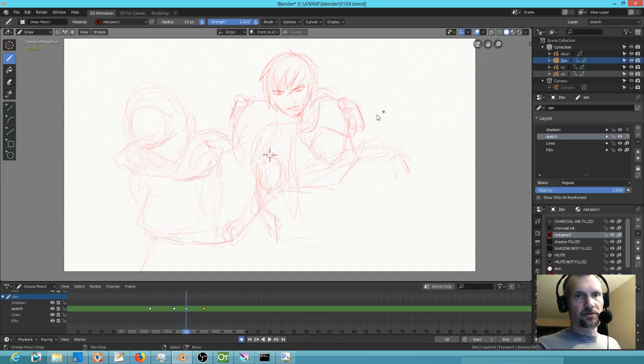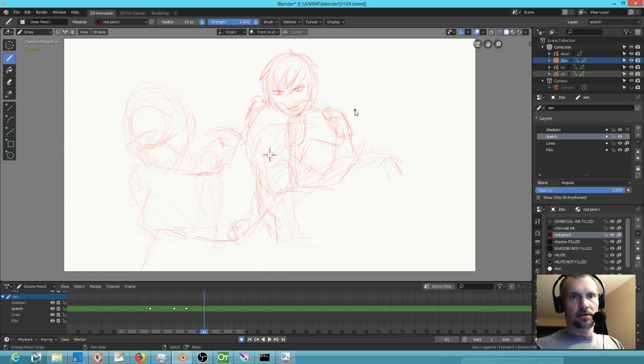Alright, so what would we do here? Well, we're going to see his forearm probably in that shot, and then what I'm kind of feeling here is the idea of something like that. It's not quite right. His arms are going to be out.